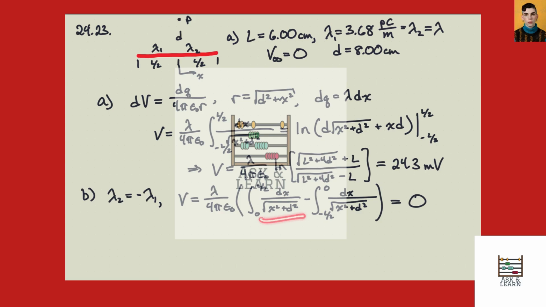And if we divide up these integrals, we can see that this integral should equal this integral because of the even function. It's an even function of x. So whether we integrate from minus L over 2 to 0 or 0 to L over 2, we should have the same area under those curves.